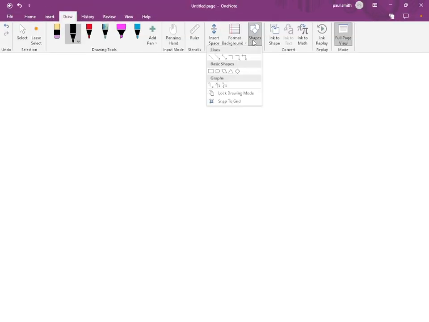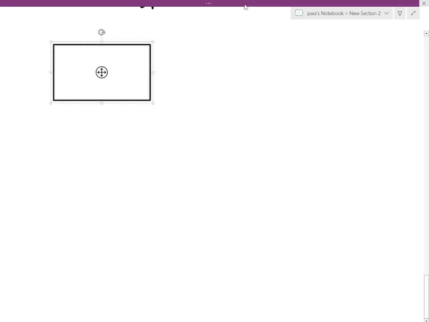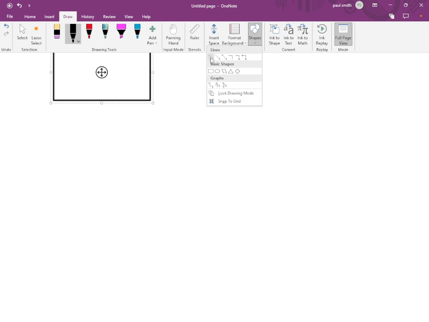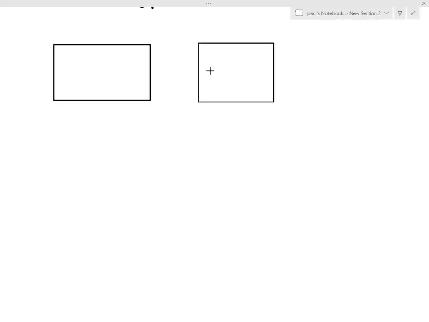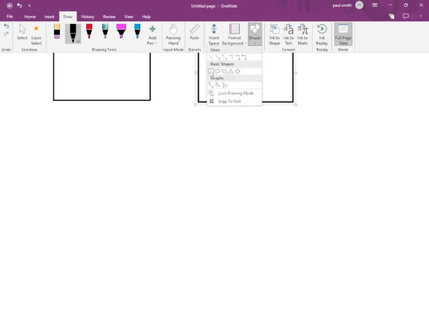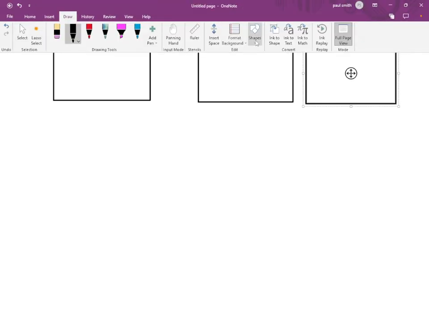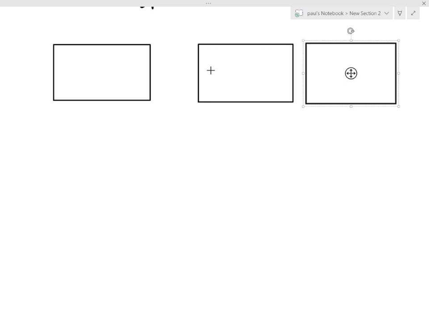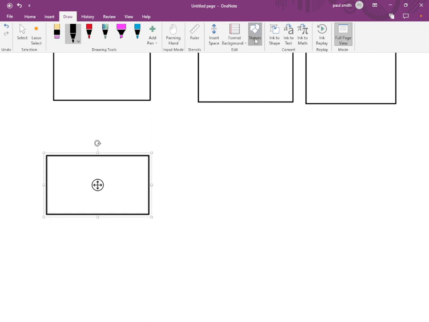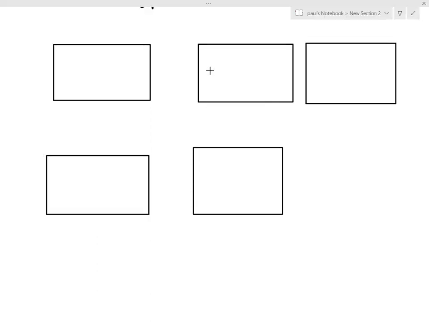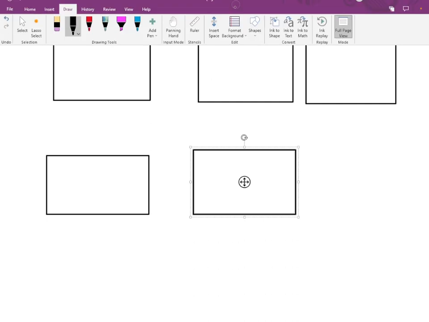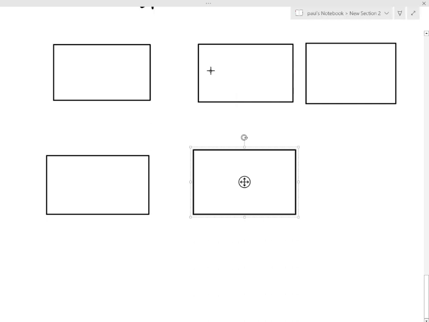So let's try and do a load of shapes. 1, 2, 3, I don't know how many we're going to do, so let's try 4, 5, let's do 6, because it's 2 rows of 3, isn't it?